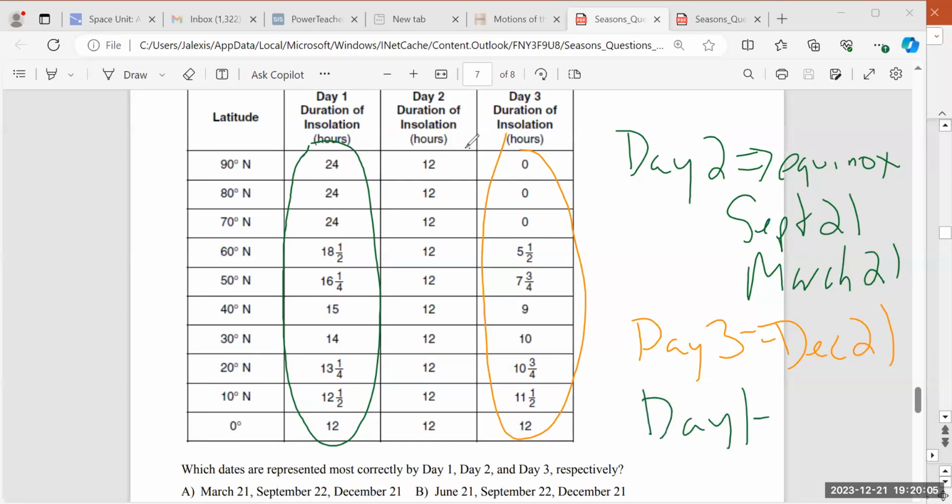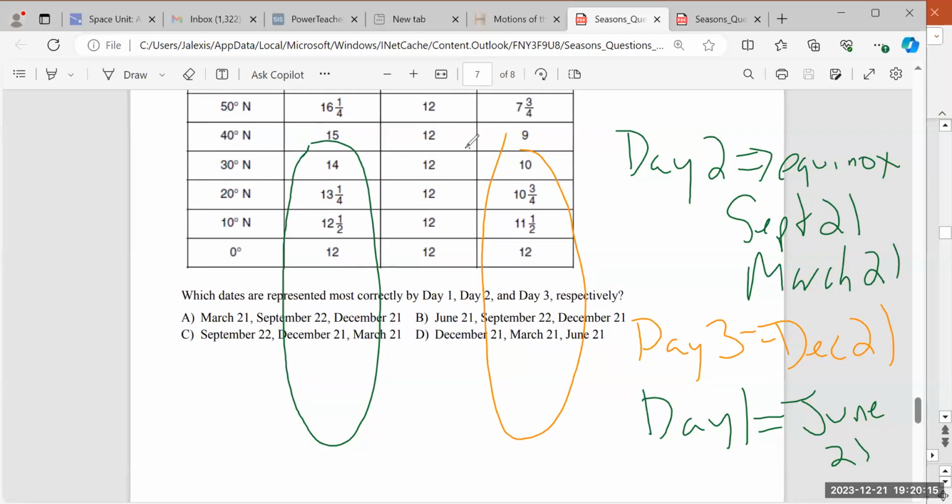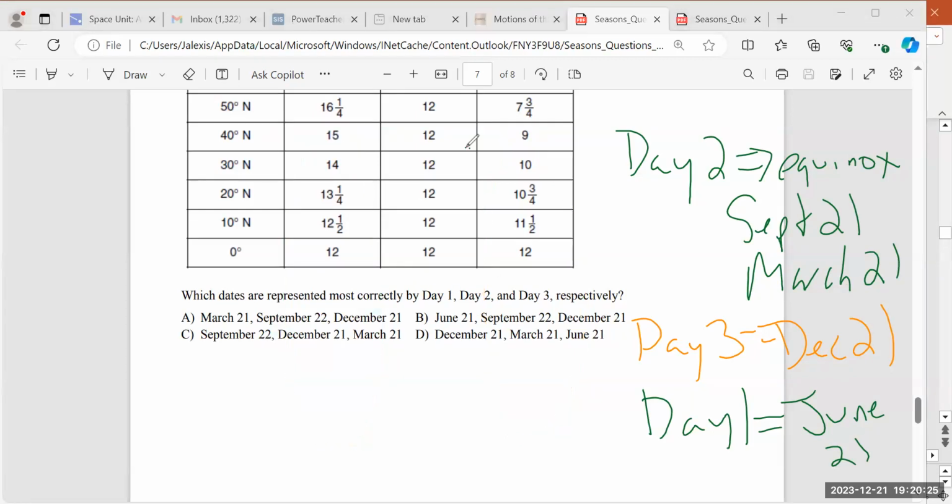Day 1 has to be the summer solstice. And which option shows what I've just written down? Where day 1 is the summer solstice, day 2 is the equinox, and day 3 is the winter solstice. Choice 2. Boom. We got this. Good stuff.